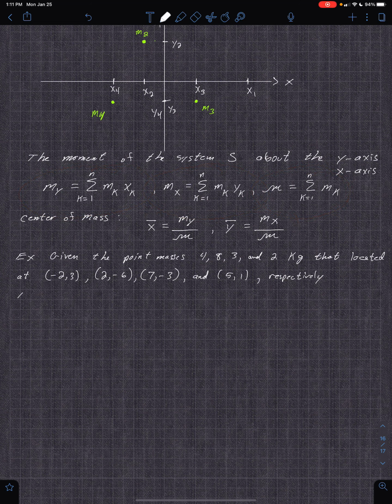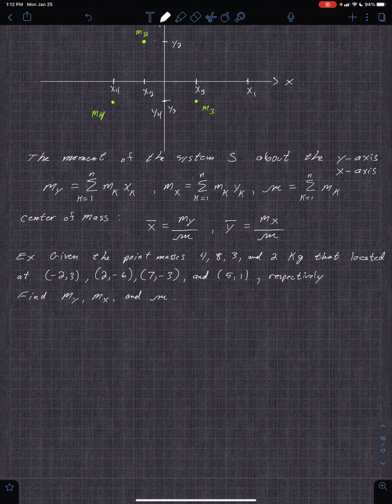All right, so find the moment about y, the moment about x, and the total mass of the system, which would just be adding those up, right?